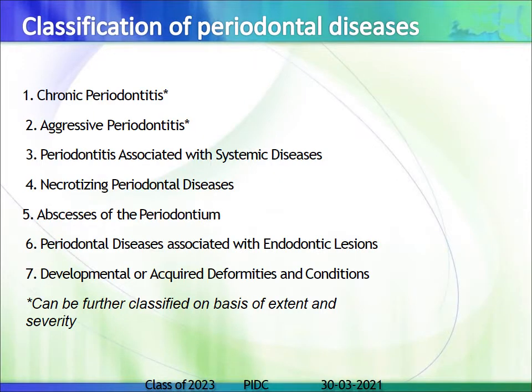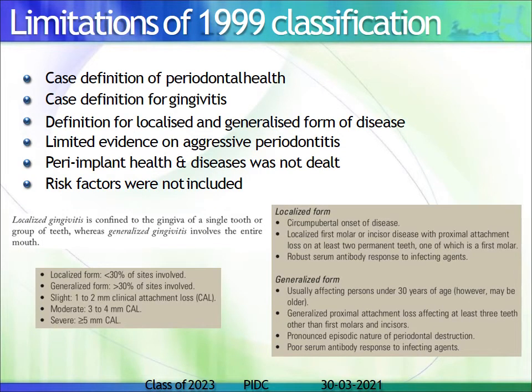In the 99 classification, you do have a set of 7 periodontal diseases. But there were certain limitations of the 99 classification, wherein they couldn't give a proper case definition for periodontal health, they couldn't give a proper case definition for gingivitis, the definition for the localized and generalized form of disease was not defined, and there was a limitation on the evidence of a disease called aggressive periodontitis.